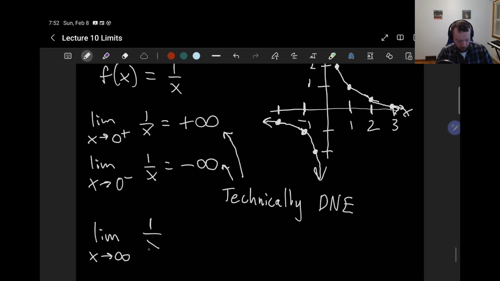The limit as x goes to infinity of 1 over x. So what happens to this y value as I plug in larger and larger and larger numbers for x? Like say x being 1 million, that is, 1 over a million. Well, our graph is headed towards 0. 1 over a million is a very, very small number, close to 0.